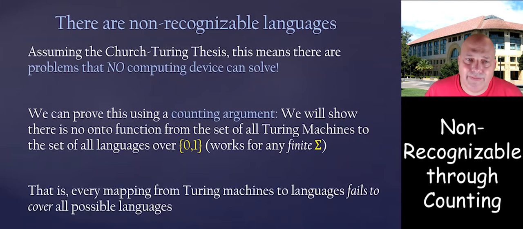So every mapping from Turing machines to languages fails to cover all possible languages. In particular, the mapping that maps a Turing machine to the language it recognizes fails to cover all possible languages, and therefore there are languages that are not recognizable.